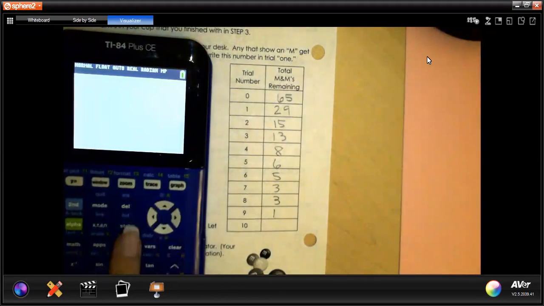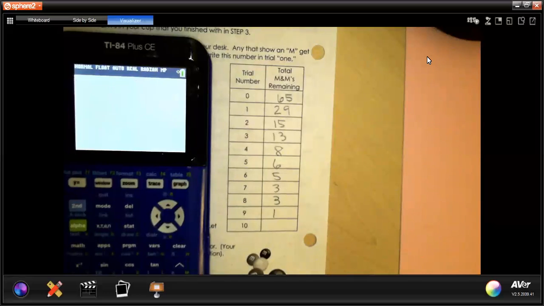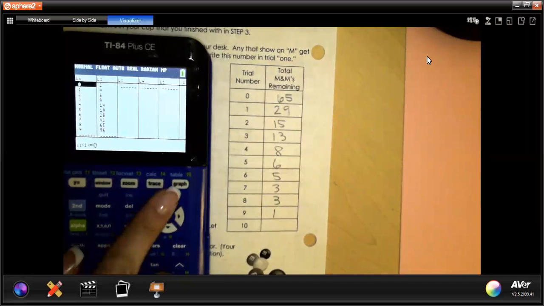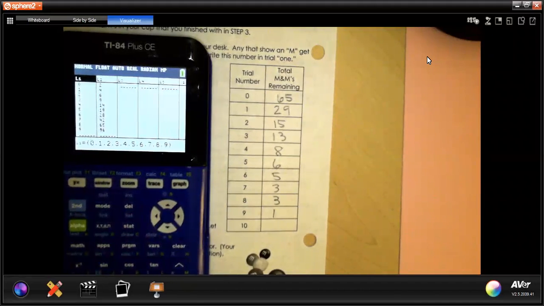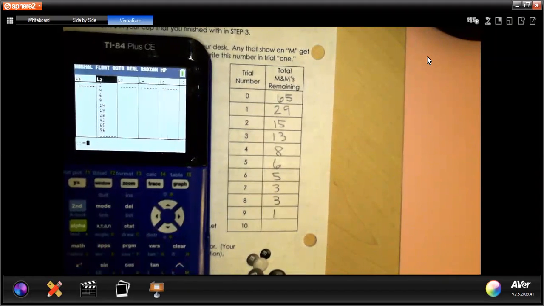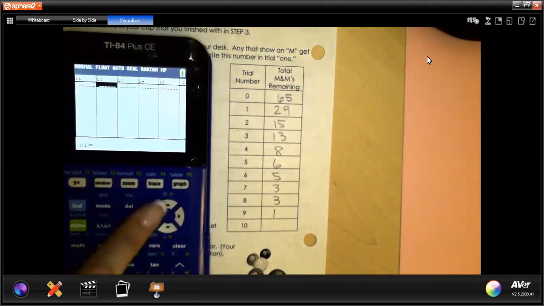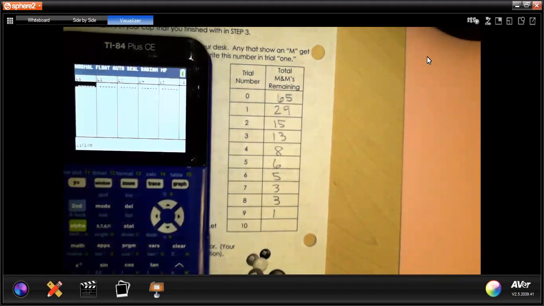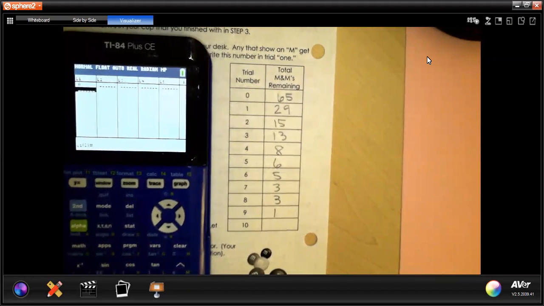So I go to stat, enter. Now, since I've already got points in there, I need to clear them out. So I am going to highlight the L1 and we're going to hit clear. That's the button right below the arrows there. You do not want to hit delete because then it'll delete the L1. So you want to hit clear on that L2. And so now we've got an empty slate and we can go ahead and put our new values.